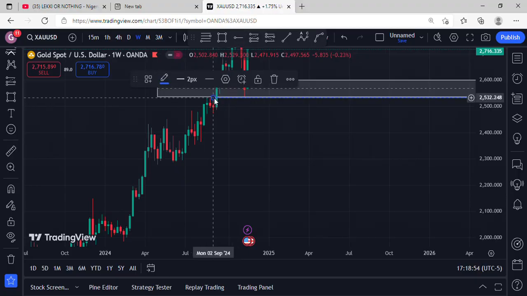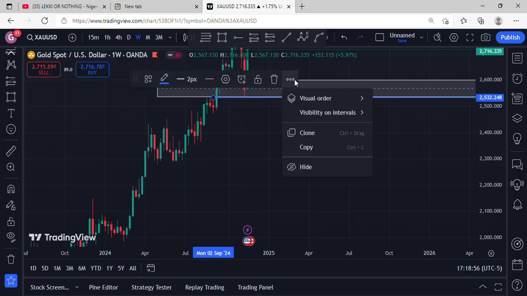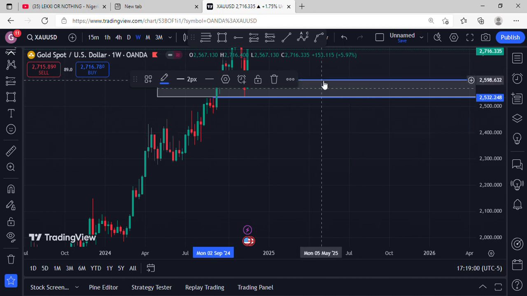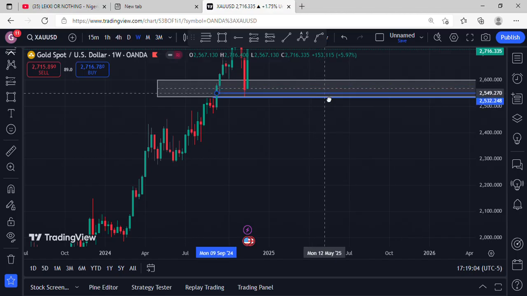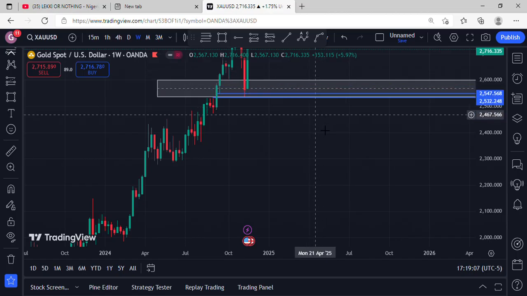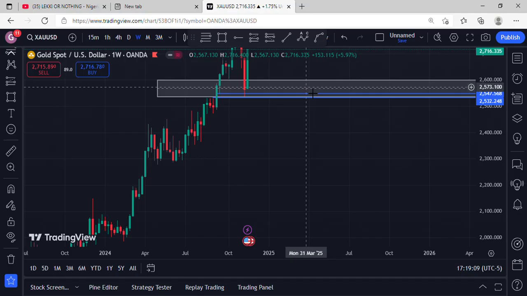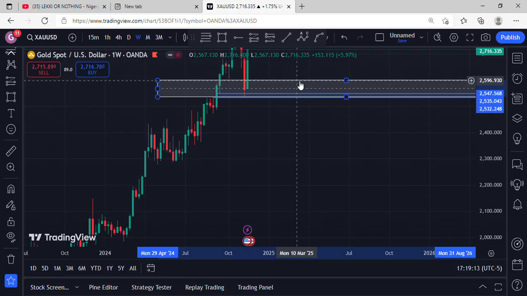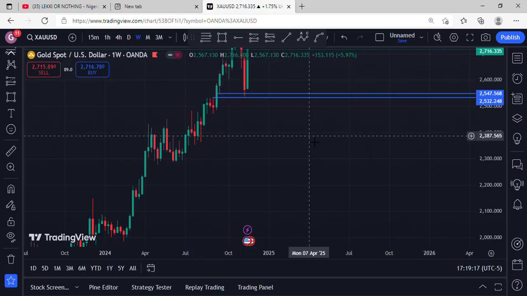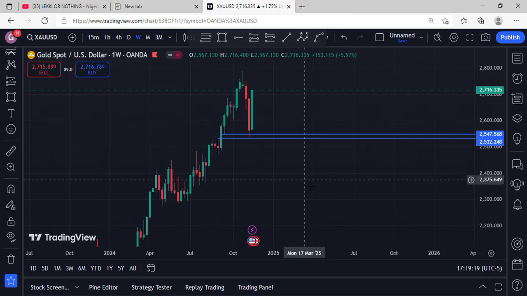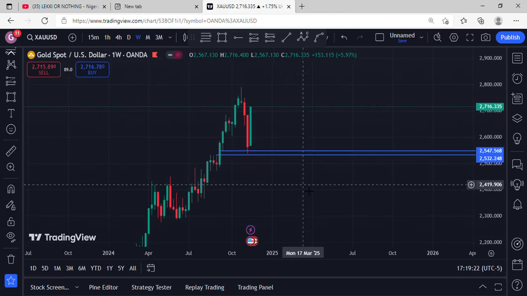So I mark that out, and then clone that, and then we see how price traded into that. I'll take away this monthly fair value gap, and then focus on just this weekly fair value gap, which is rather more significant to what I'm going to do in today's video, right?